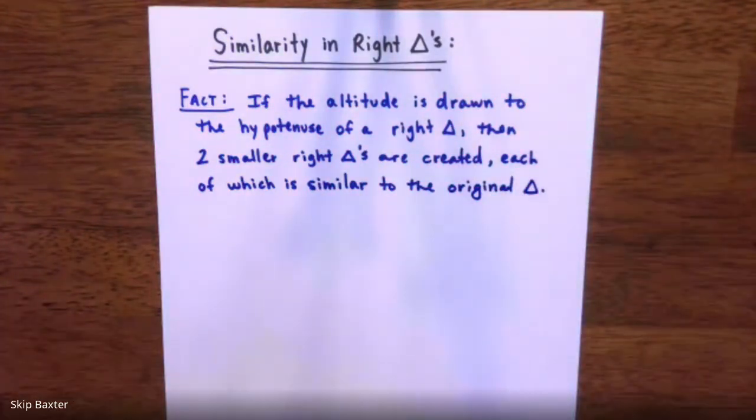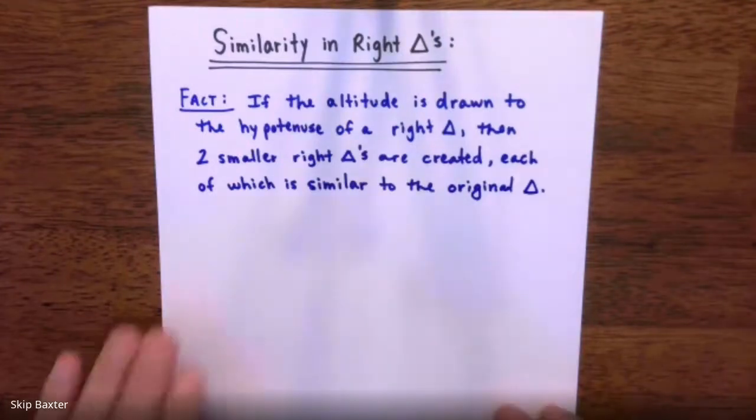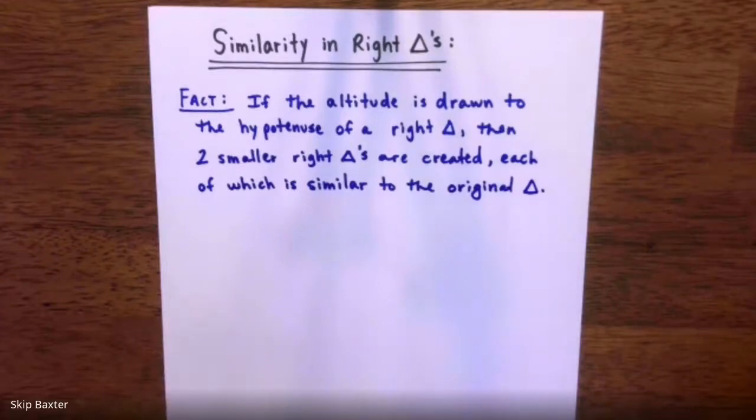Okay? So if the altitude is drawn to the hypotenuse of a right triangle, then two smaller right triangles are created, each of which is similar to the original triangle.